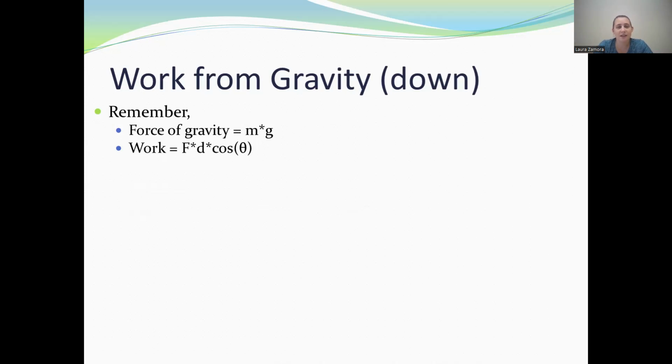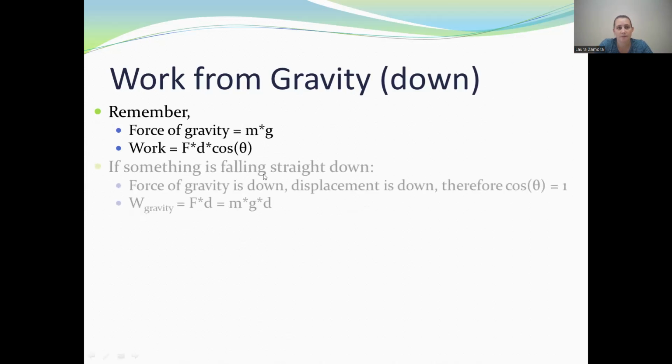So the force of gravity is equal to mass times g, and g, remember, is 9.8 meters per second squared. We also should remember from yesterday that work is force times displacement times the cosine of the angle between those two things. So these two equations should look familiar.